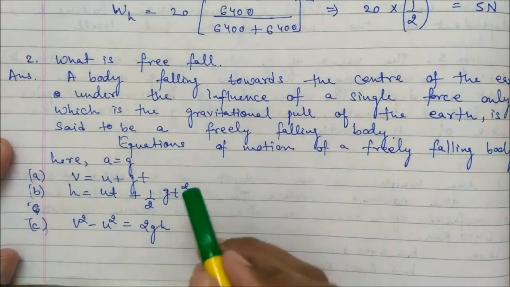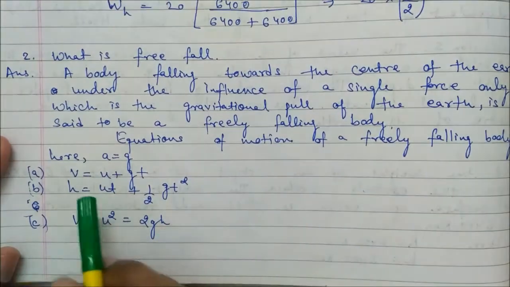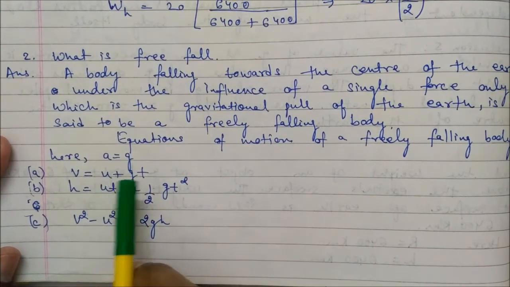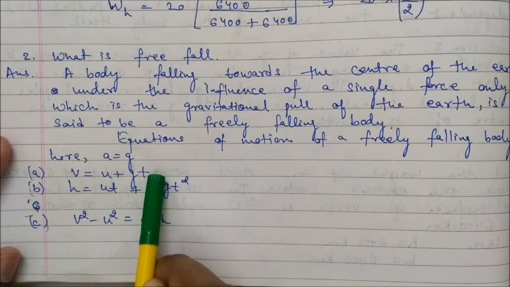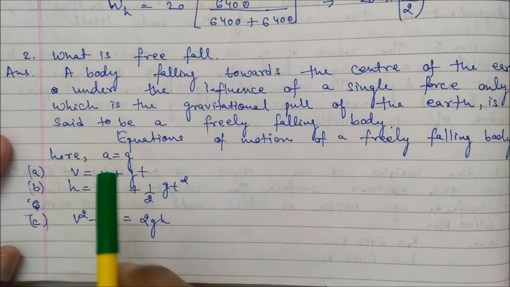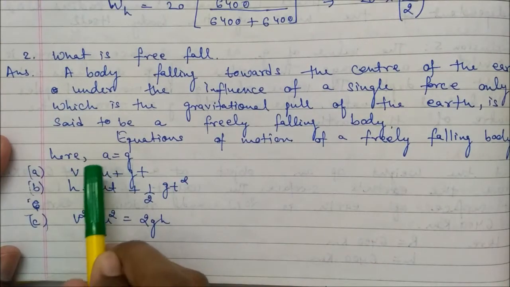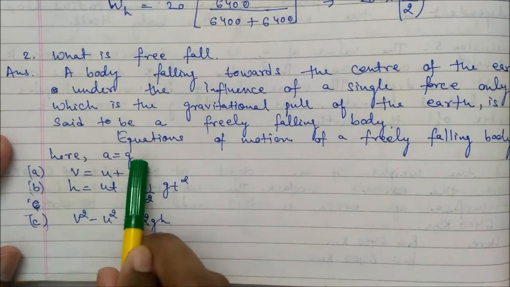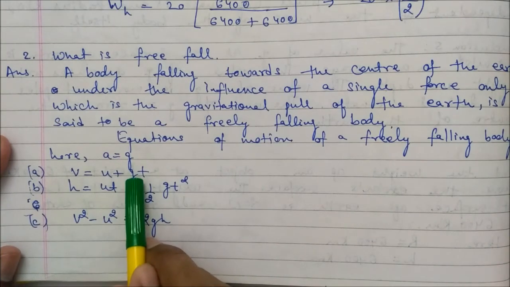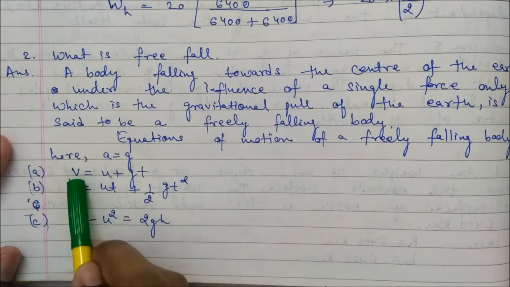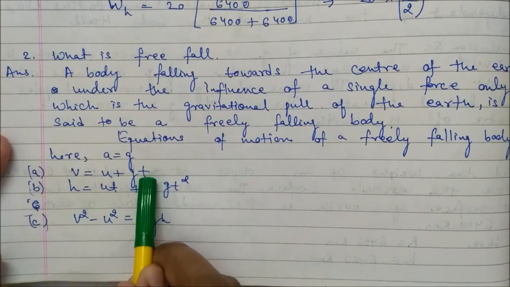So the first equation, V is equal to U plus AT in general, for a freely falling body the value of A will be g. So in place of A, I am writing g. So the first equation will be V is equal to U plus gT.